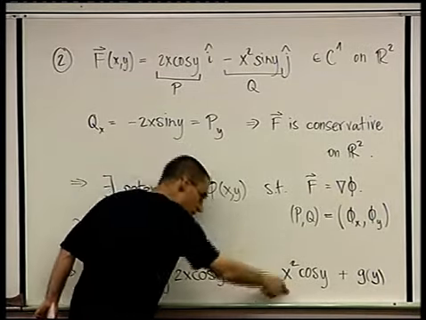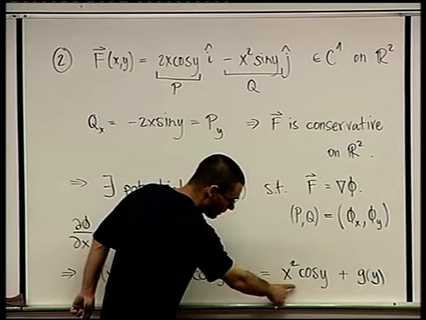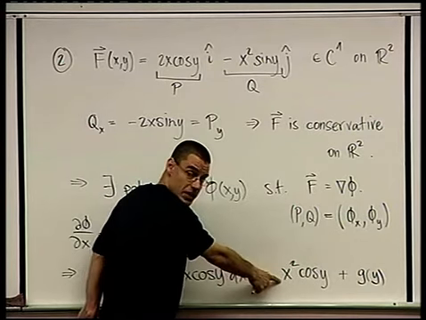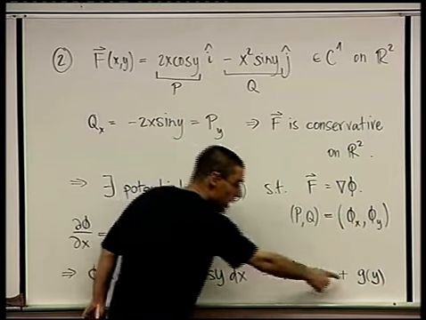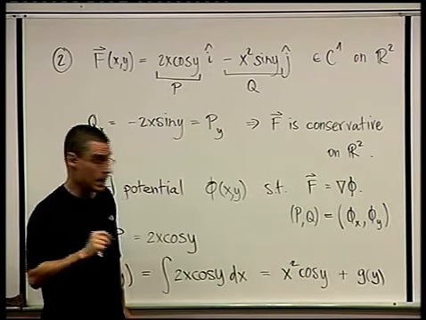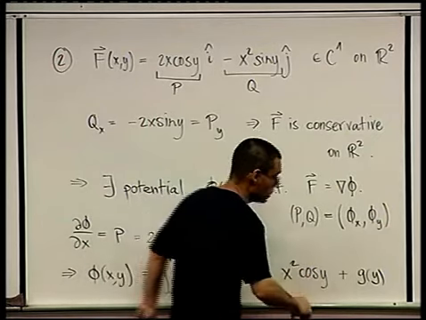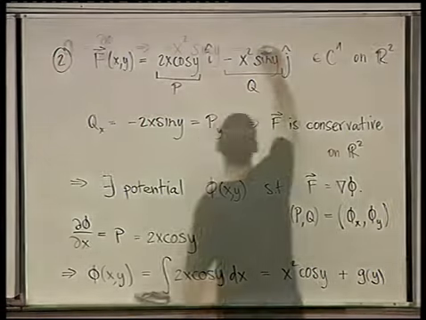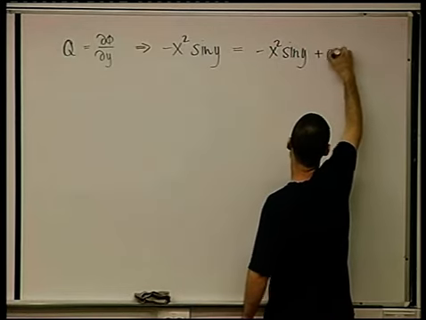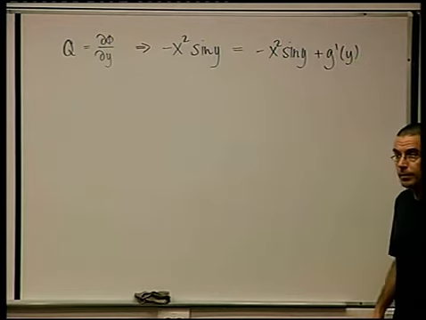I want its derivative with respect to y. Well, it's minus sine y times x squared plus g prime of y, whatever that is. Minus x squared sine y plus g prime of y. Do you agree?